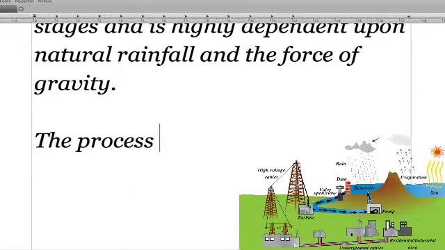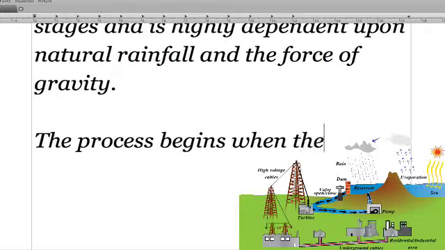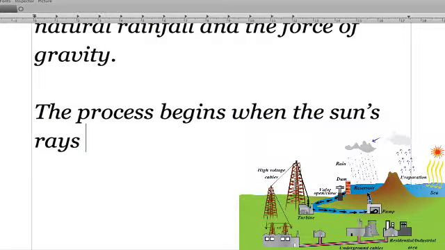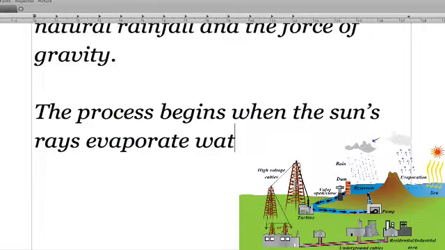So the process begins when the sun's rays evaporate water. Okay. And so then, as you can see in the diagram, the water turns into a cloud, and as the cloud gets heavier, it produces rain.